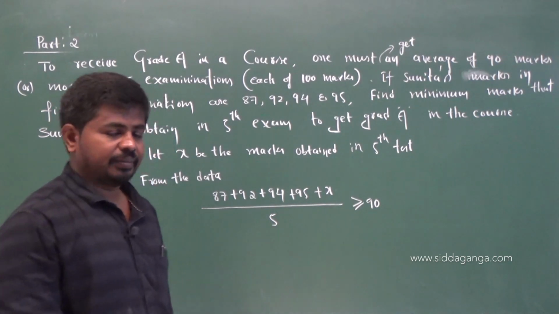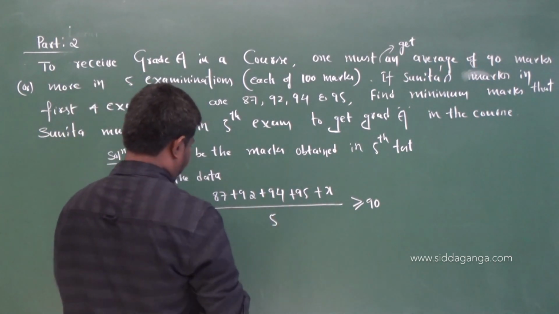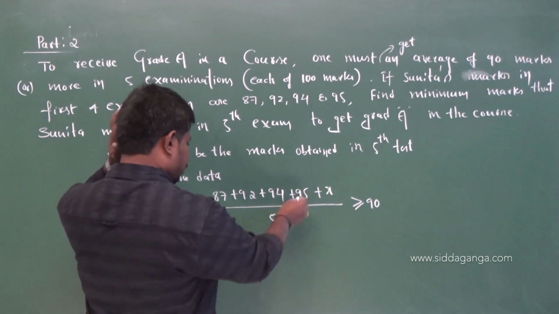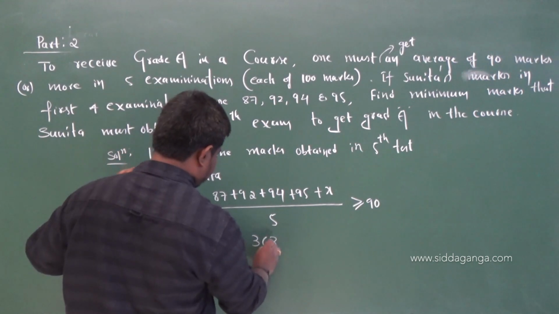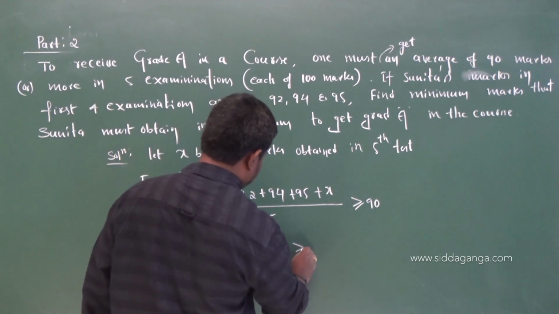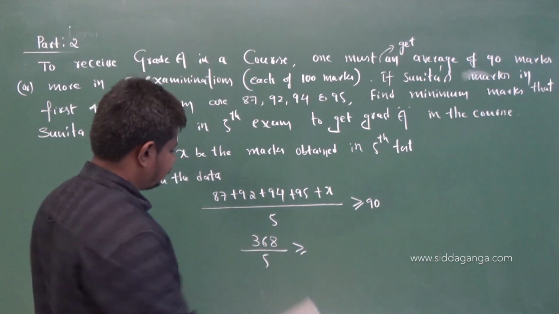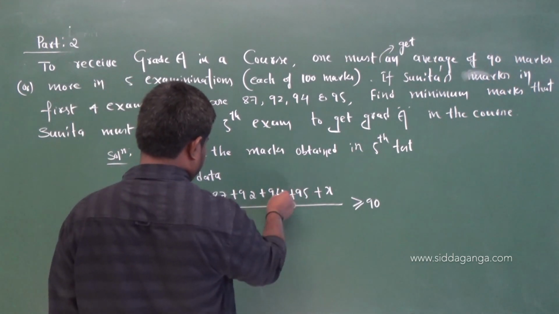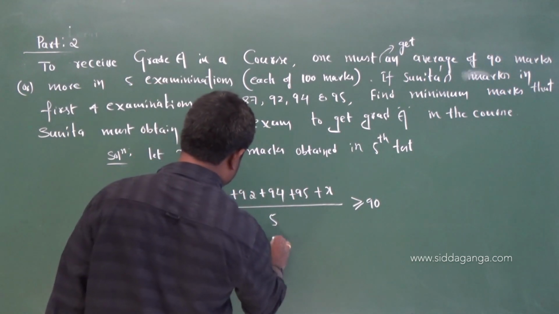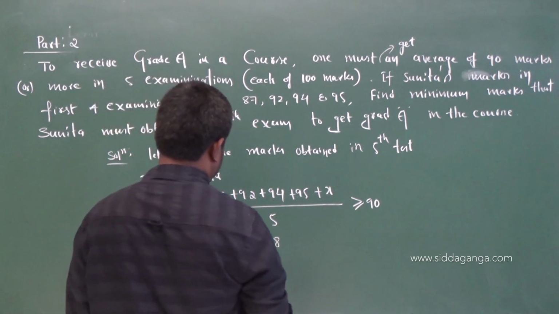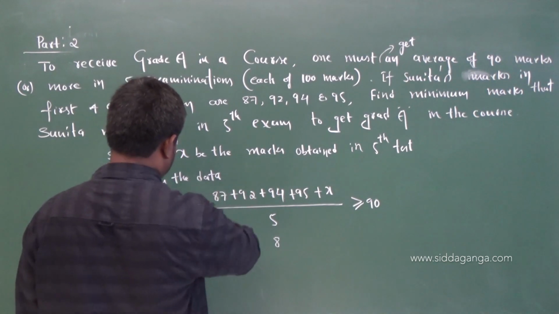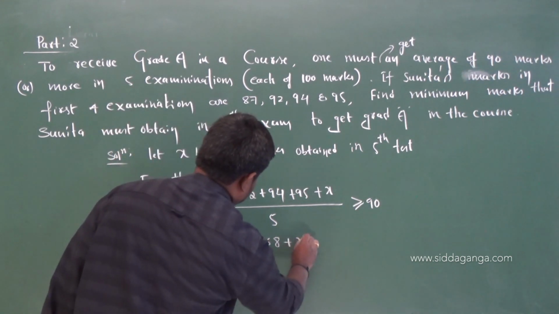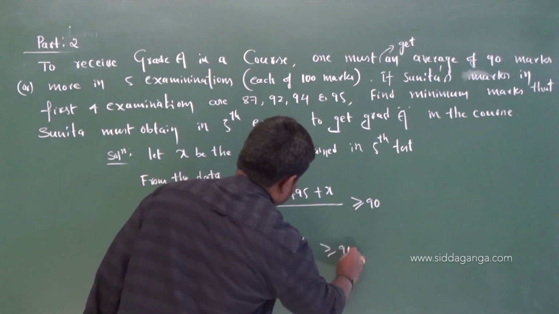Now 87 plus 92 plus 94 plus 95 is 368. So 368 plus x, divided by 5, is greater than or equal to 90.